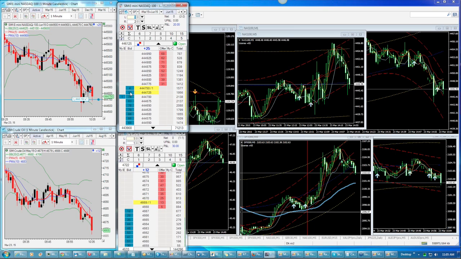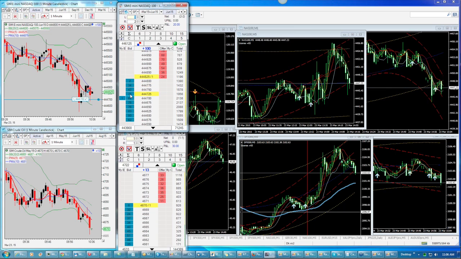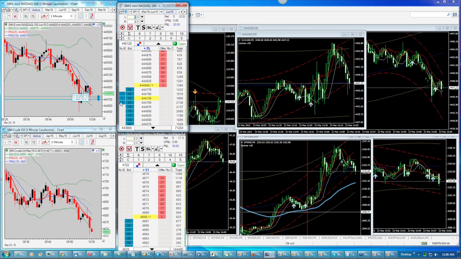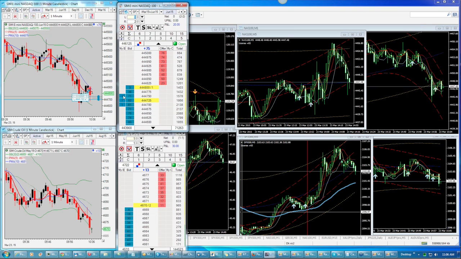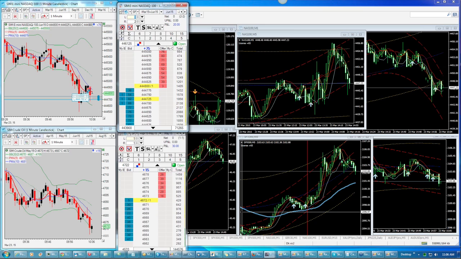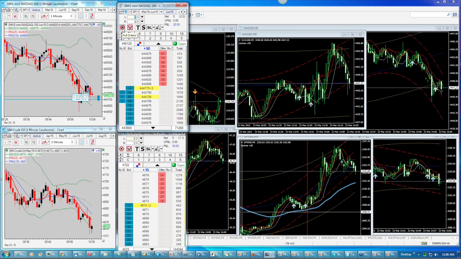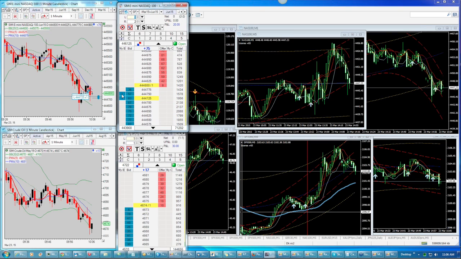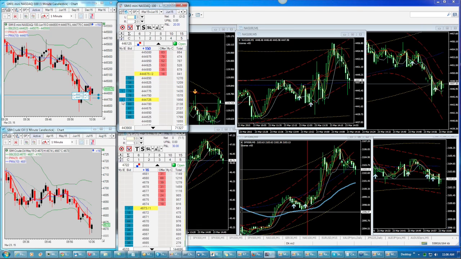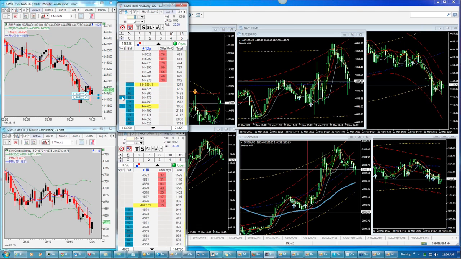it's hanging in there. I want some noise now. Just the natural noise of the market could get me 1 or 2 contracts. Touched it, and then looks like it's gonna take off.